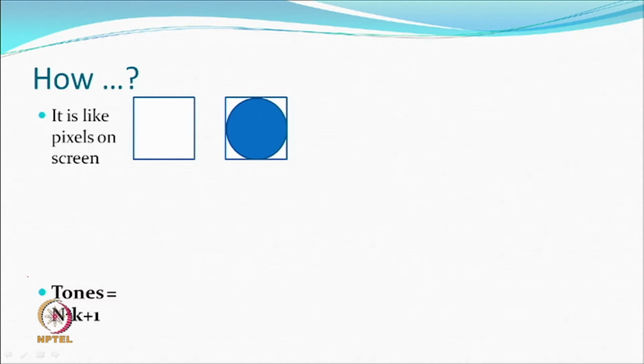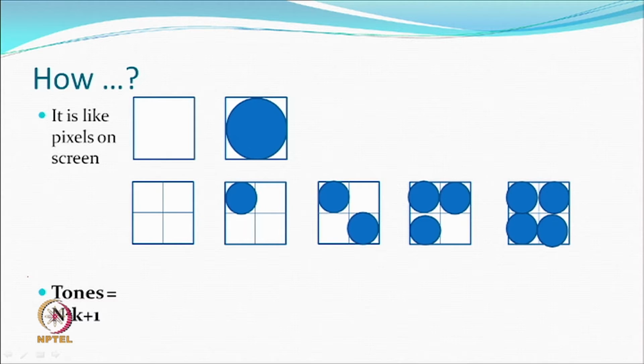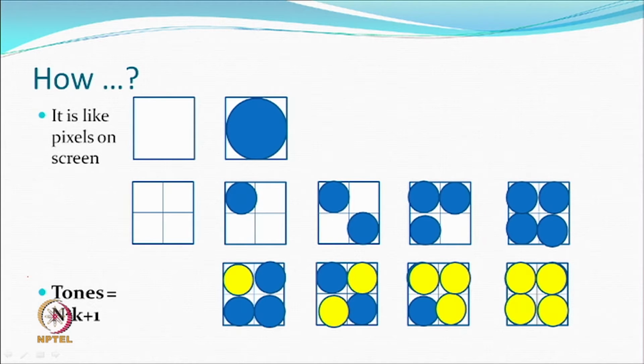But if you divide the same area into 4, which can be considered as a 2 by 2, then you have 5, the same area, because you have been able to reduce the size of the droplet. And if you have, instead of one color, at the moment white is not considered, the white is giving 1, but if you have more than 1, then you can create 9, because you have 2 colors or 2 shades.